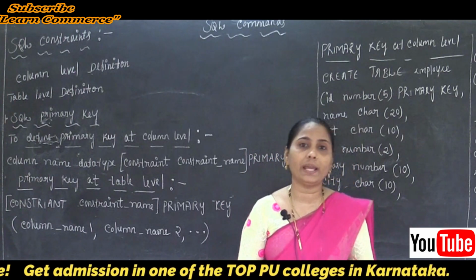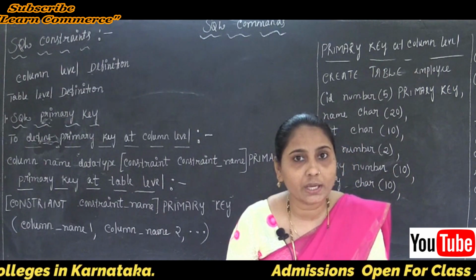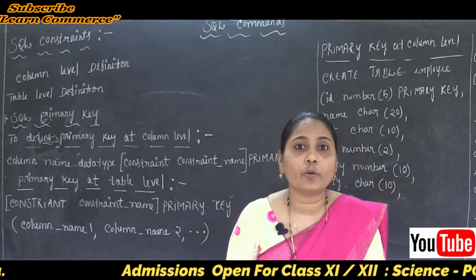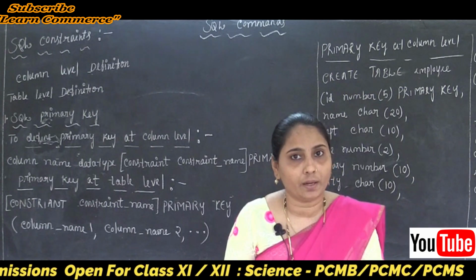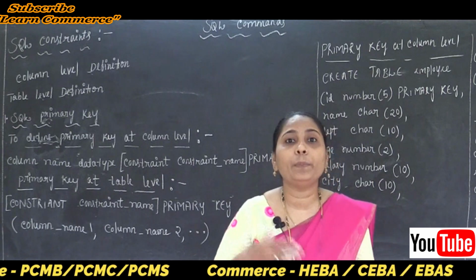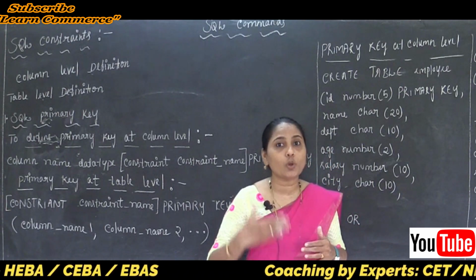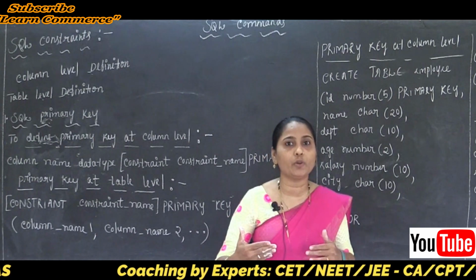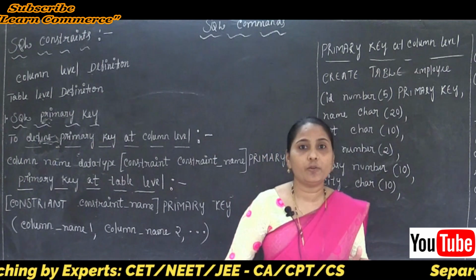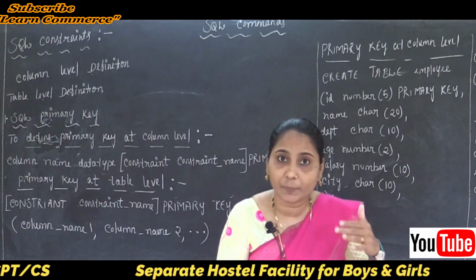So what about the accuracy and reliability? We know the meaning of accuracy: without any mistake, entering data in a very quick manner is called accuracy, and reliability means repeating, that means the repetitive task. Clear this point here? Maybe you want to enter some more information, maybe you want to make some changes in the information, so we can perform all those tasks repetitively.